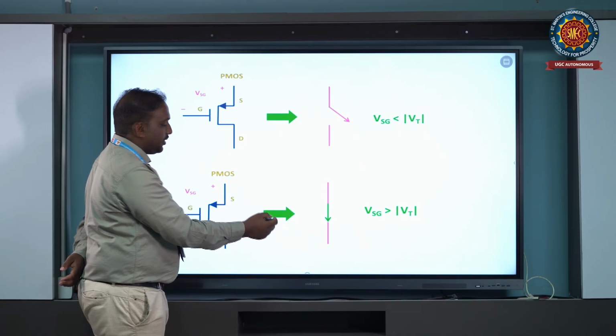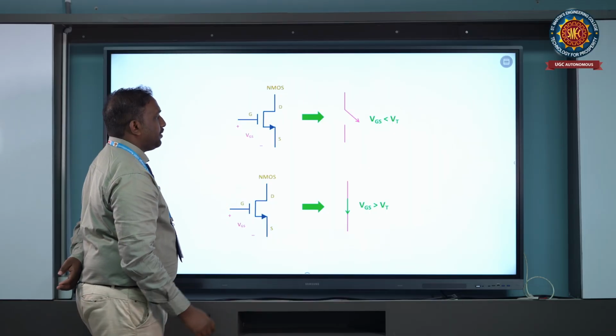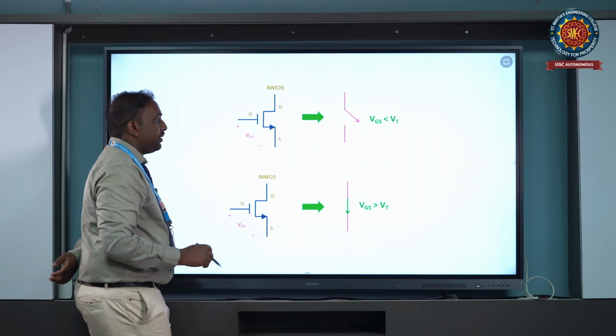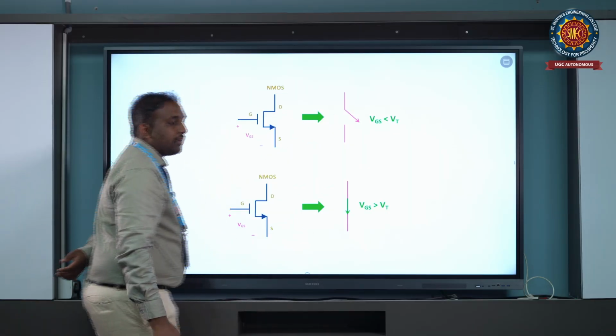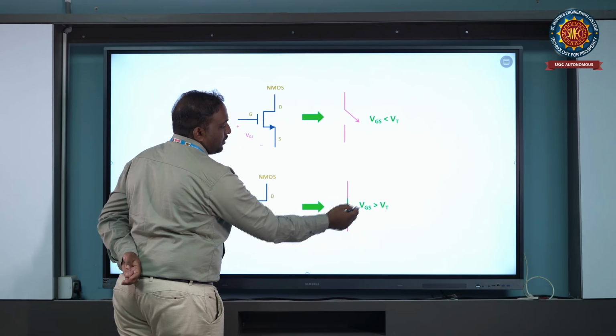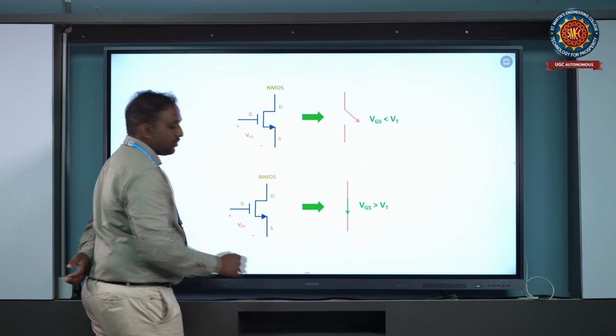Coming to NMOS, when VGS is less than or equal to the threshold voltage, it will be an open switch, and when VGS is greater than or equal to the threshold voltage, it will be a closed switch.